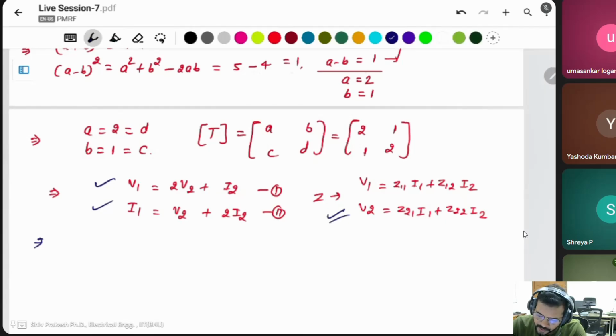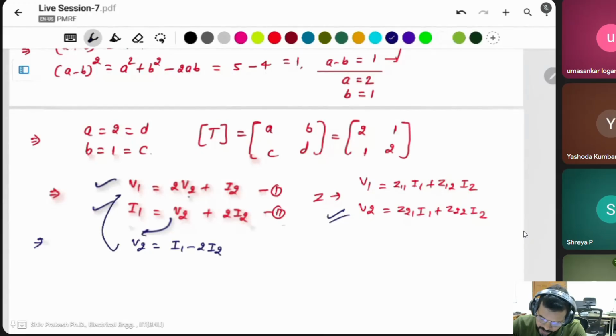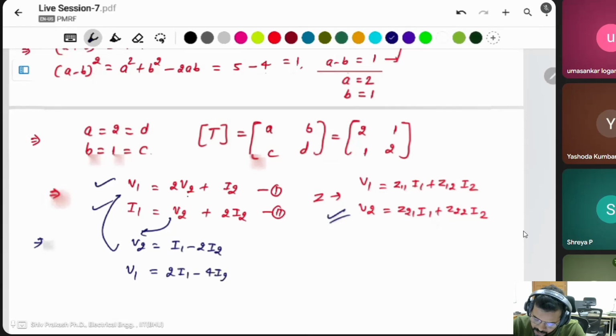you have to express it in I1 and I2, so you have to replace V2. From this one we will get the V2 value. What is V2? V2 is I1 minus 2 I2. Put the value of V2 in V1. V1 is equal to 2 times (I1 minus 2 I2) plus I2, that is 2 I1 minus 4 I2 plus I2.